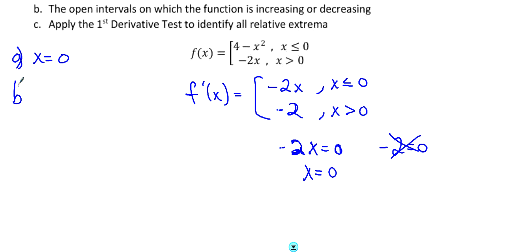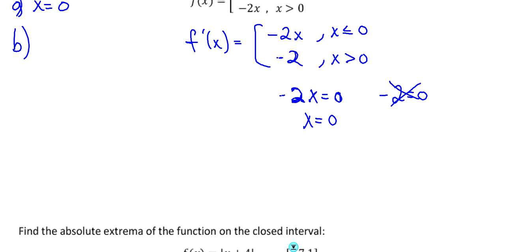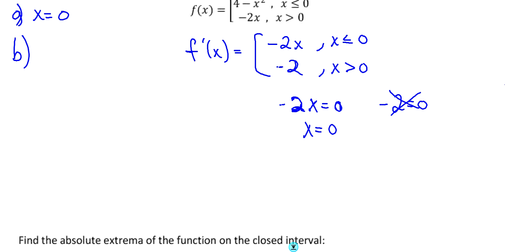Now, part B is asking for the open intervals where it's increasing or decreasing. And this is basically setting up the number line for the first derivative test. So we set up our number line. We only have one critical point to worry about at 0. Then we pick a point on this side.